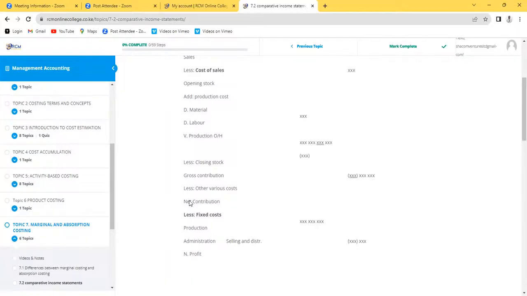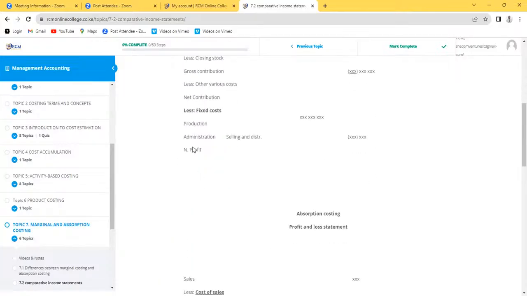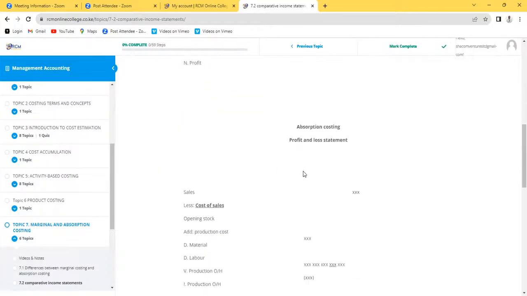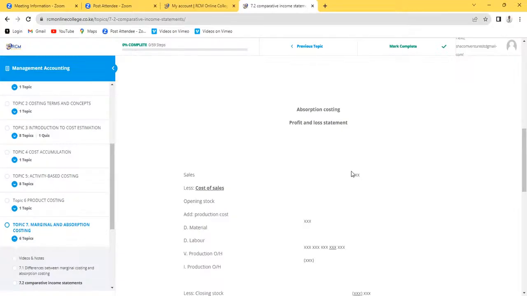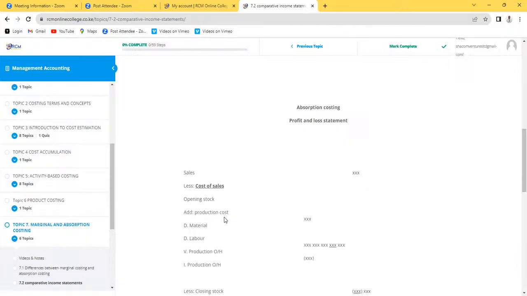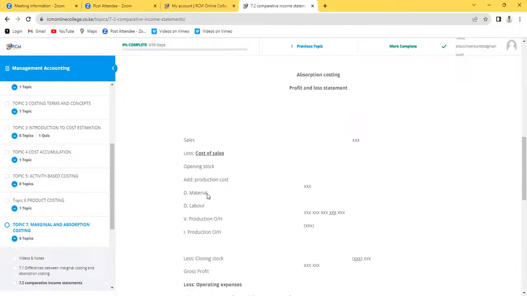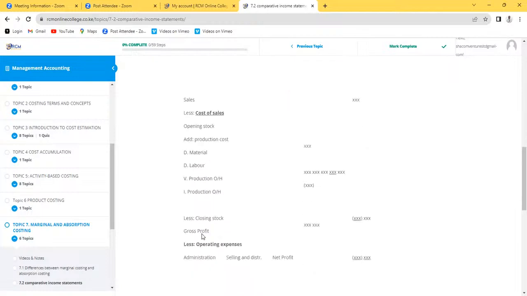Once you get your net contribution, the first thing you less is fixed production costs, then fixed non-production cost, for you to arrive at your net profit. How about absorption? The sales value will be the same, less cost of sales, where we have opening stock, add production cost, which now entails direct material, direct labor, and production overheads, that is variable and fixed.